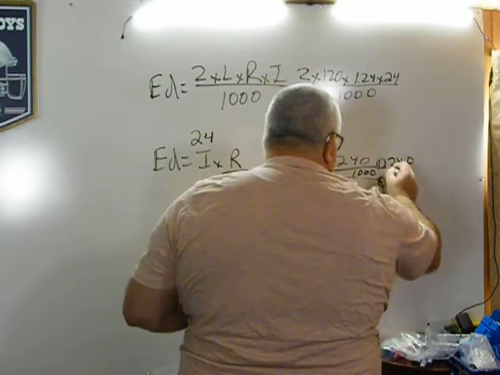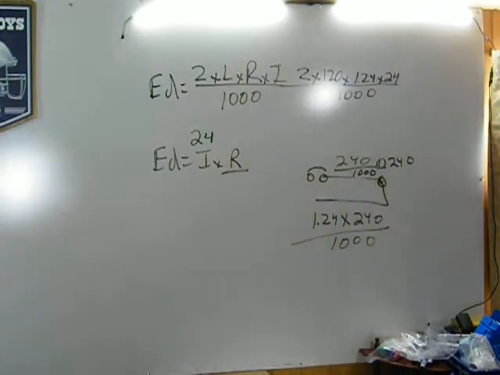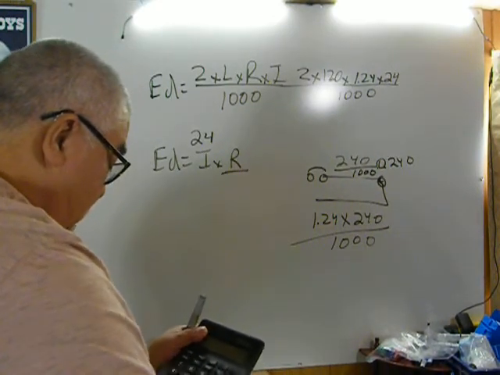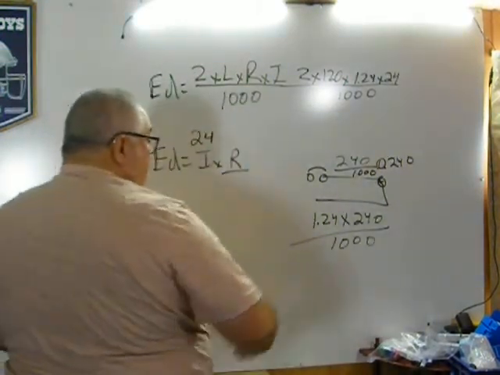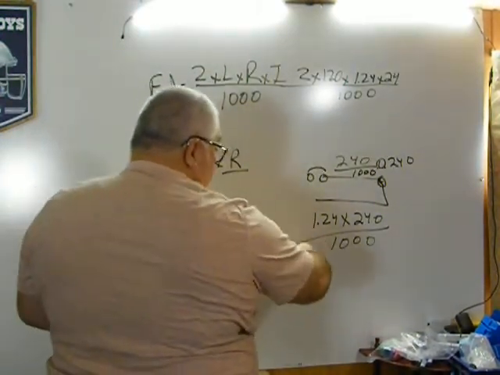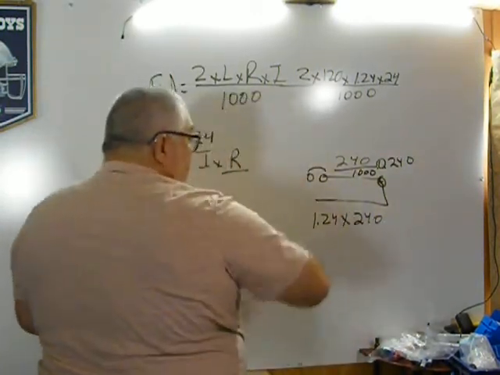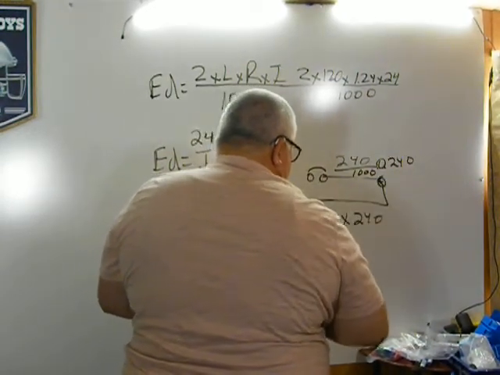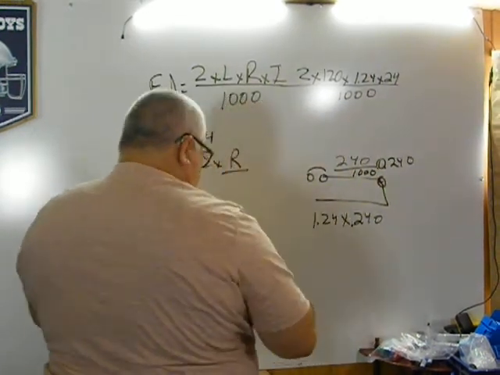I think this is right. Let me use a calculator just to make sure. 240 divided by 1,000, 0.24. So now to find that, I already got the 240 divided, so it's 0.24. Now I'm just going to multiply.